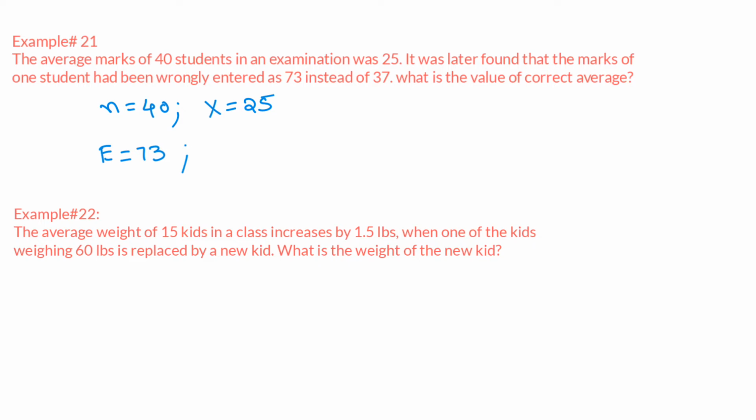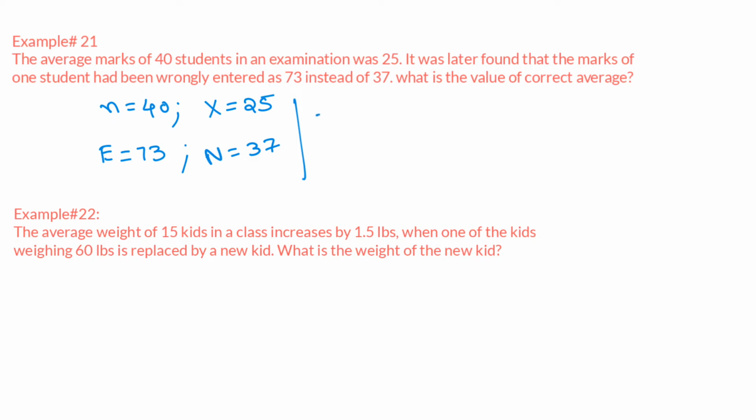But here we have to obtain the correct average, that is by considering the correct marks. So the correct marks would become the new entry n, which is equal to 37. So here the value of n is less than e. This obviously belongs to case 2 in our trick.